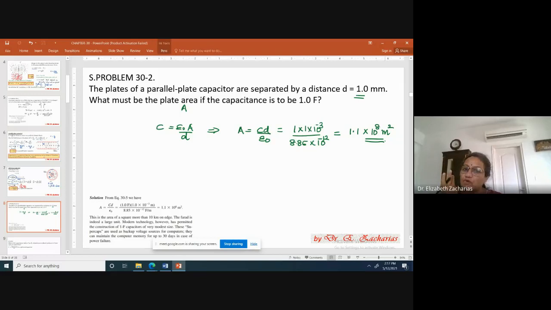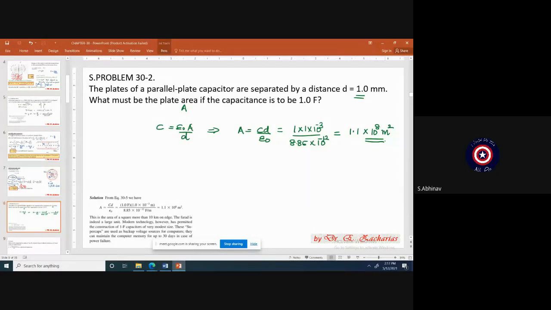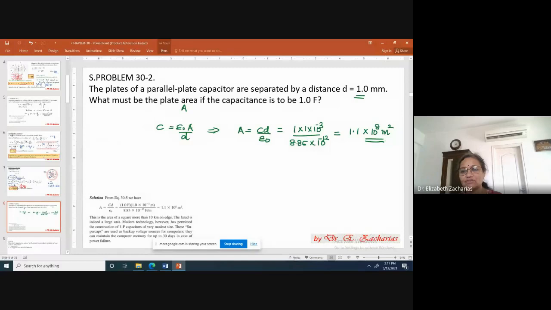And what is 10 to the power of 4 meters in terms of kilometers? 10 kilometers. With two plates with 1 mm gap between, and the size of each plate is 10 kilometers by 10 kilometers.